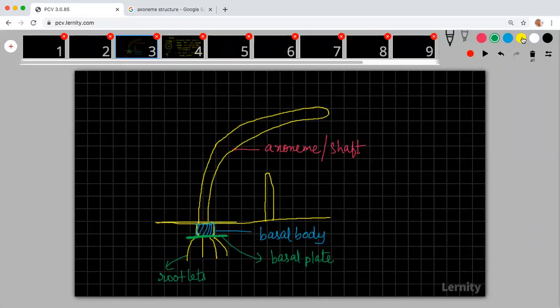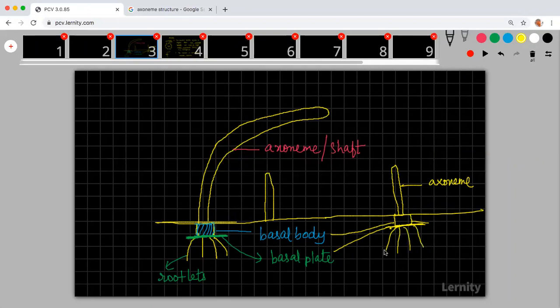If you are going to talk about cilia also, the cilia will have the same. This is what we call the axoneme. Here there will be something attached, which is called the basal body. Below that there will be a part which is called a basal plate. And then there are some structures which come out of it, which we call rootlets.